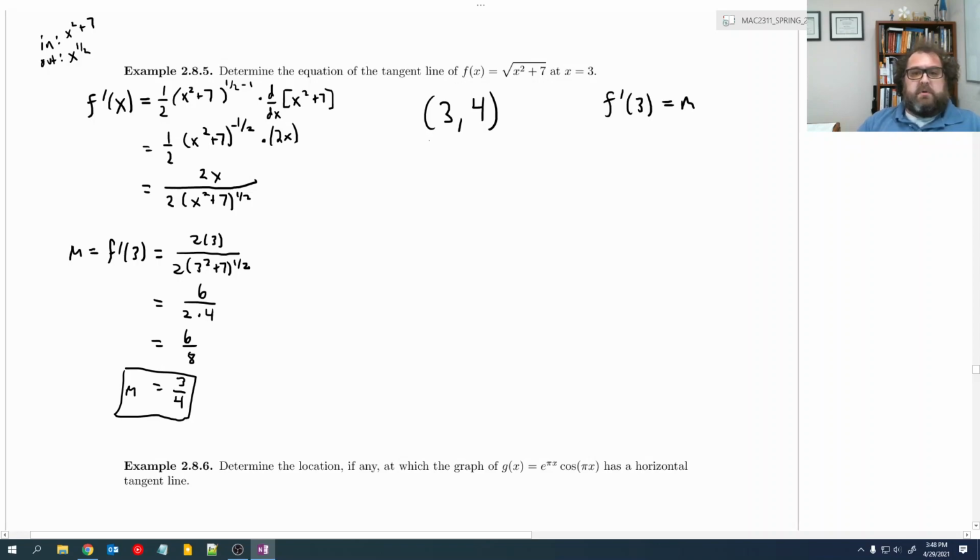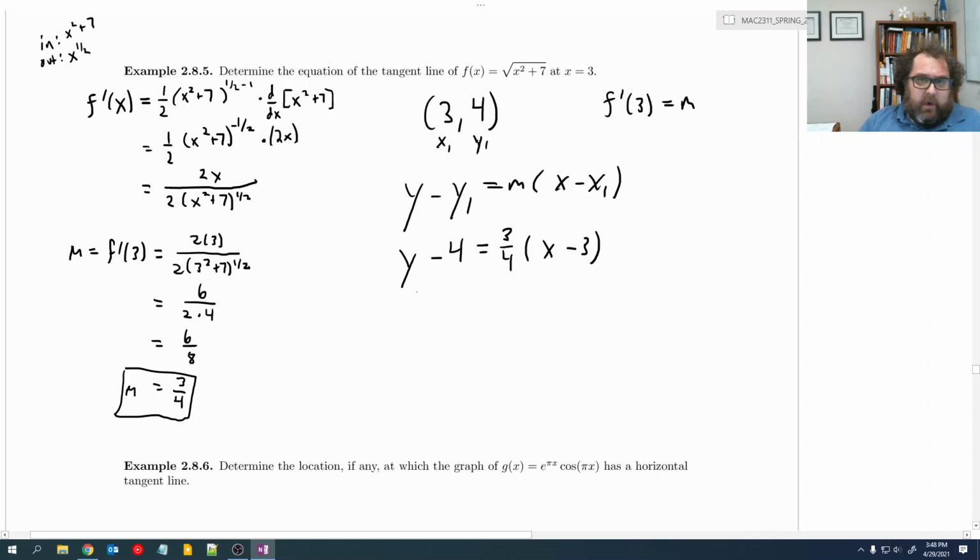So now we have a point, x1 and y1. We have our slope, m is 3/4, and now all we have to do is plug in to y minus y1 equals m times x minus x1, then simplify it. So y minus 4 equals 3/4 times x minus 3.